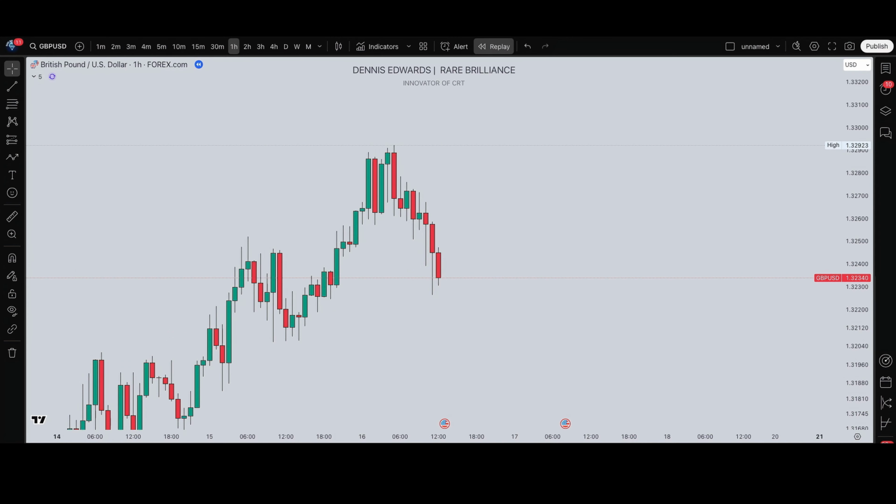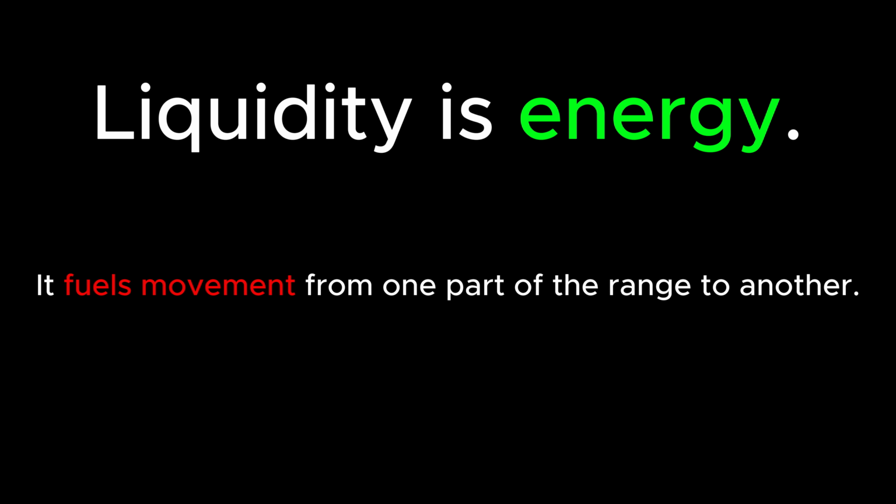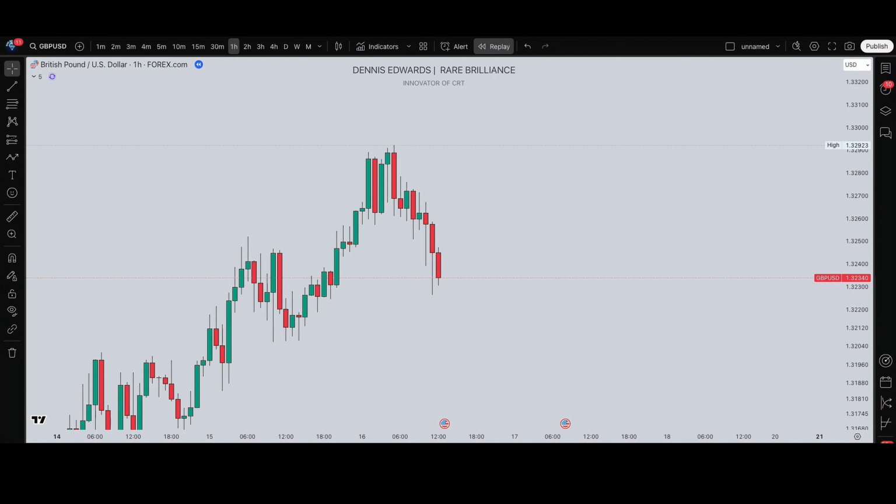That's the key. So, to dive even deeper on what liquidity truly is, you have to know that inside of candle range theory, liquidity means something deeper. This is probably going to be explained in a way that you might not be used to hearing yet, but just hear me out. Liquidity is energy. It's what fuels movement from one part of the range to another. Real liquidity lives inside the structure between the major high and the major low.